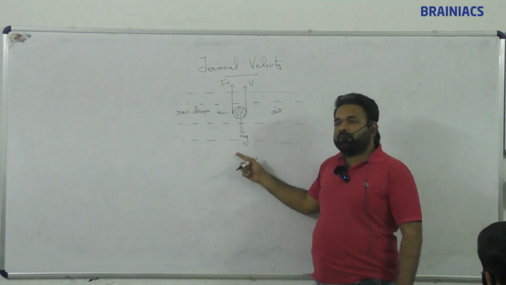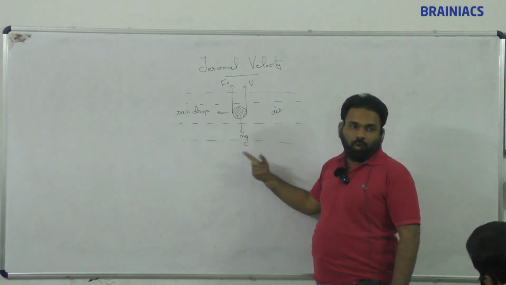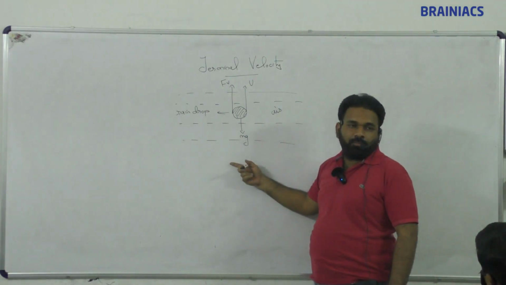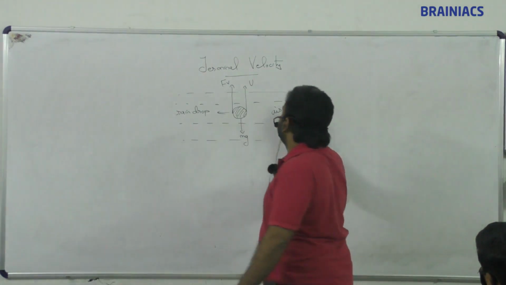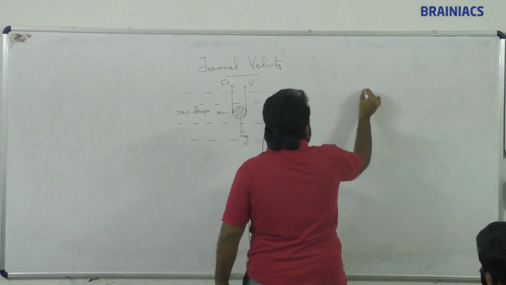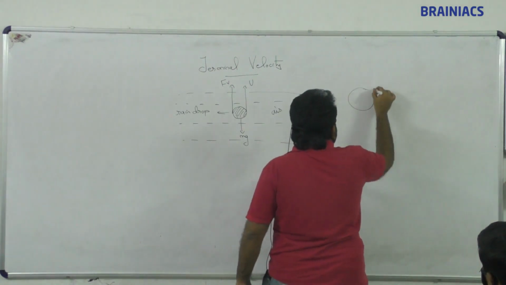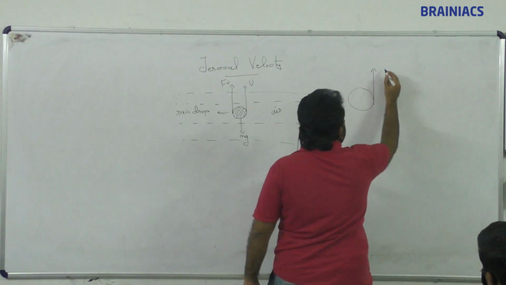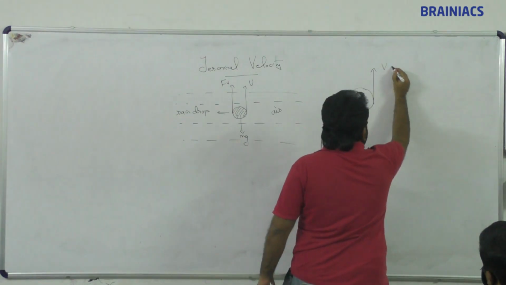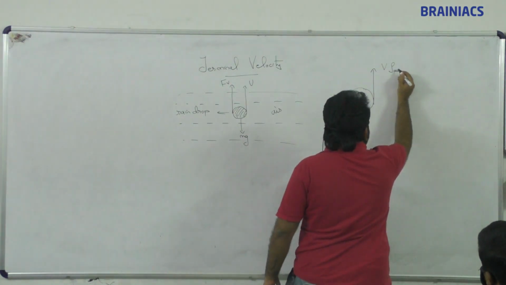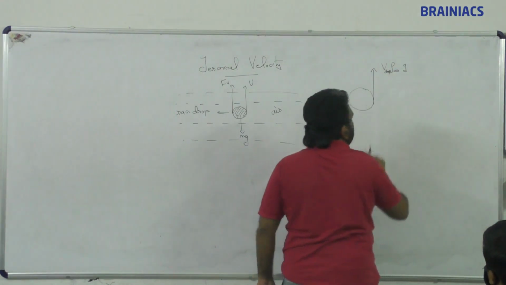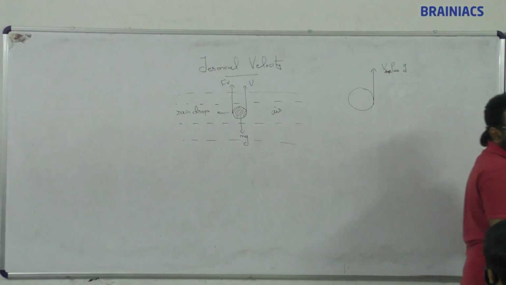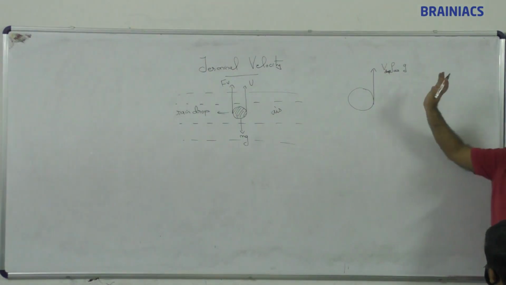So when this acceleration is there, what will happen? Again, the velocity will change. Will there be any change in the upthrust? This upthrust is going to be how much? V rho of air into g: the volume of this drop, density of the air, into g.